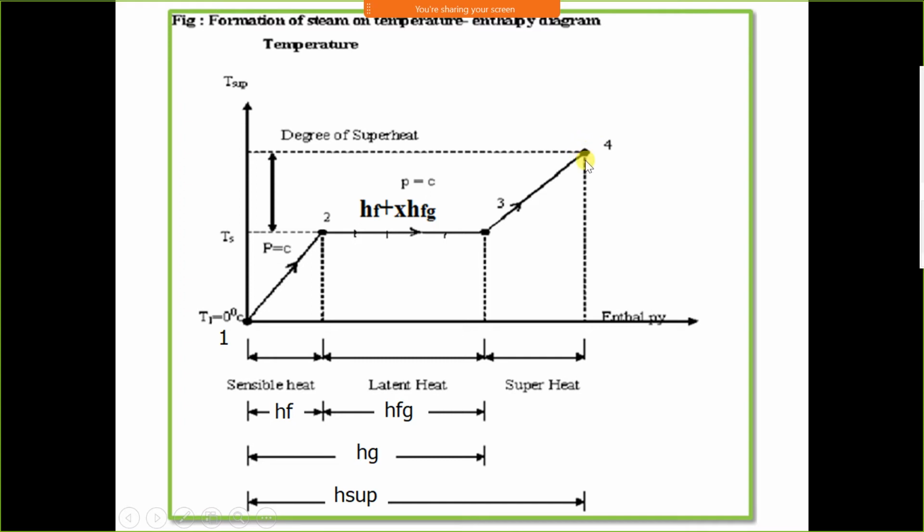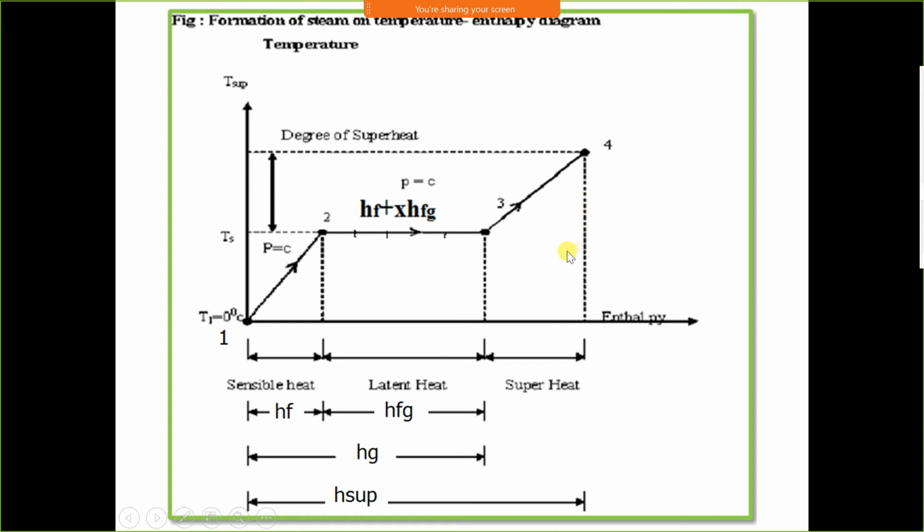Now we can find the enthalpy of superheated steam from the steam table, and enthalpy is represented by H sup. Therefore, considering the pressure and temperature, we can find enthalpy of superheated steam. Similarly, for entropy and specific volume, the formulas are more or less the same.